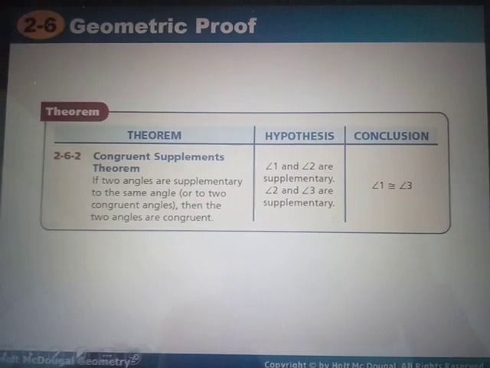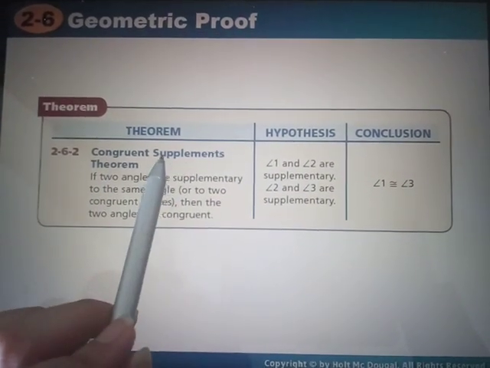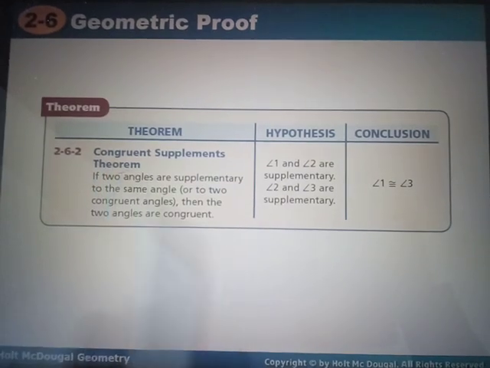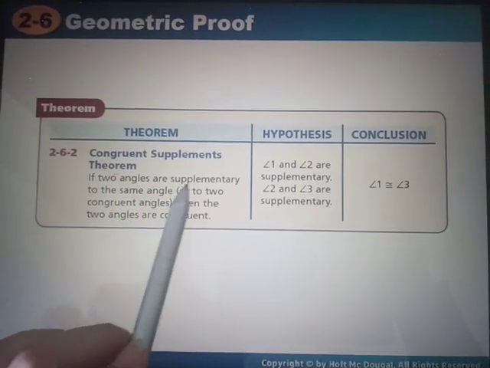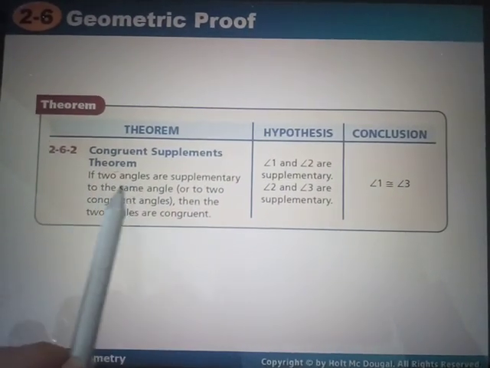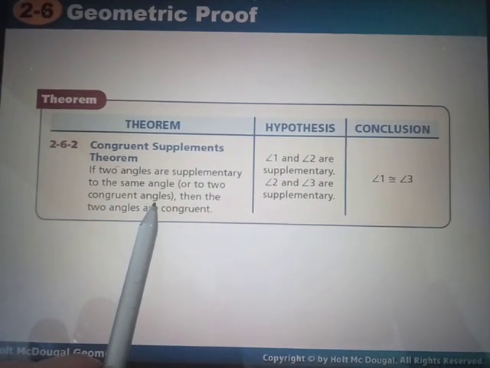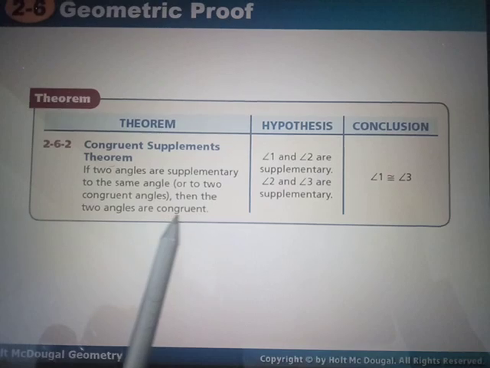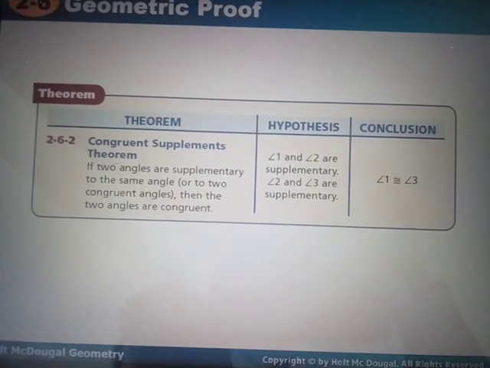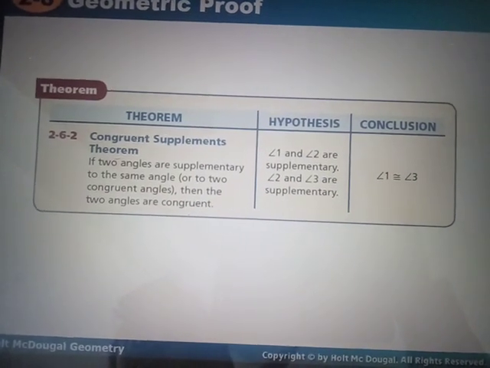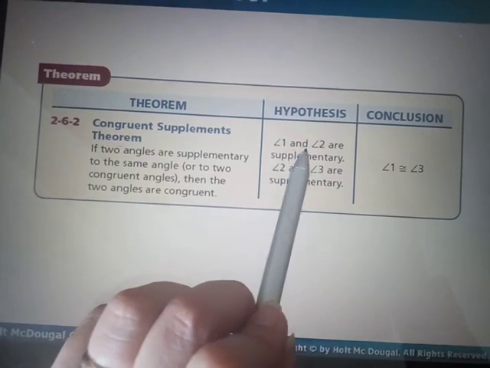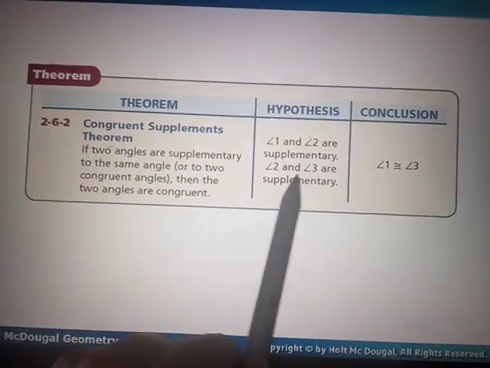What is the second theorem? The congruent supplements theorem. If two angles are supplementary to the same angle or to two congruent angles, then the two angles are congruent. What is the meaning of this? Angle 1 and angle 2 are supplementary.